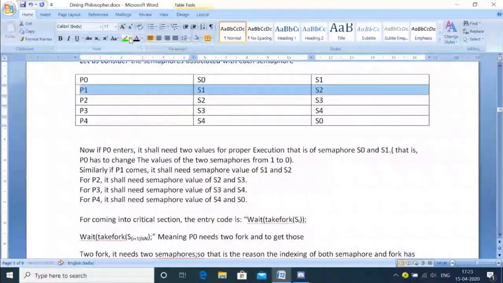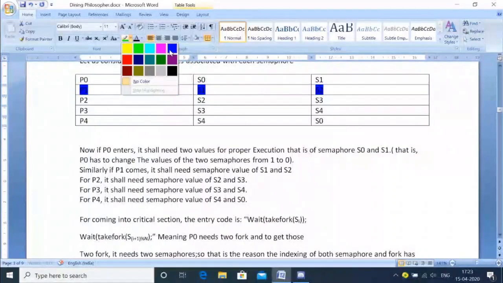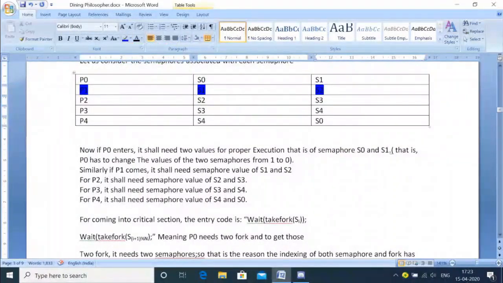Because it has already been given to process P0. How did we do that? We changed the value of semaphore S1, which is common to both P0 and P1. So P0 has set the value, and automatically these two forks F0 and F1 are available to P0. So when P1 tries to access those forks, it will see that the semaphore value of fork 1, S1, is 0, so it will not be able to access it. Till when? Until and unless P0 has finished its work.